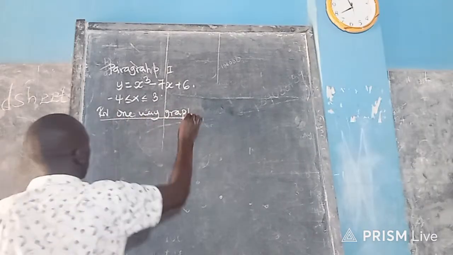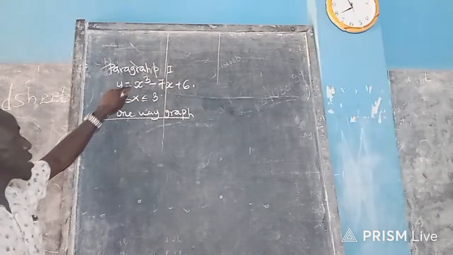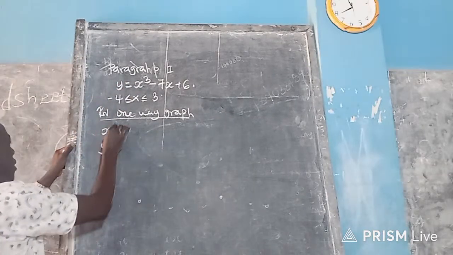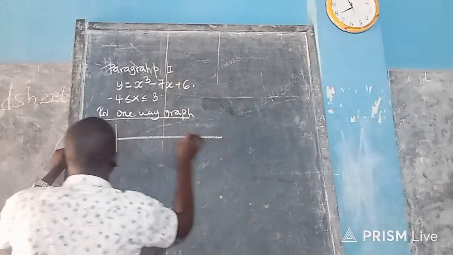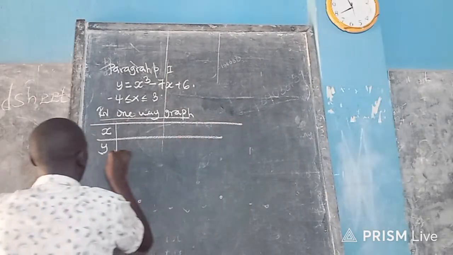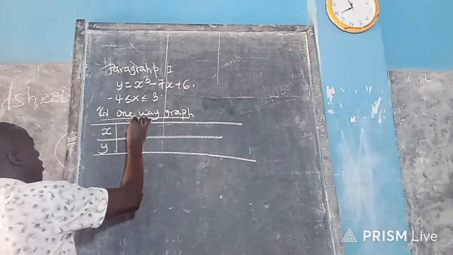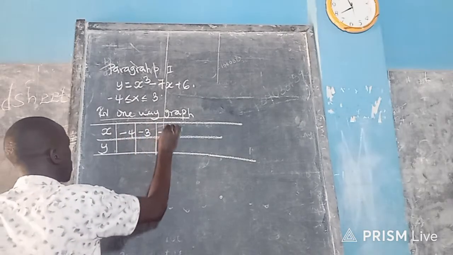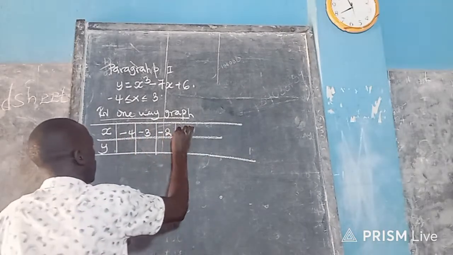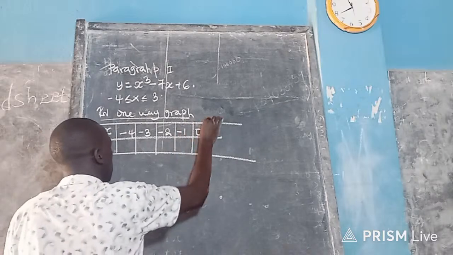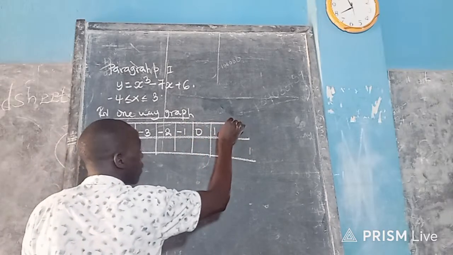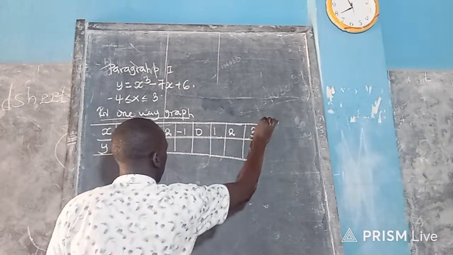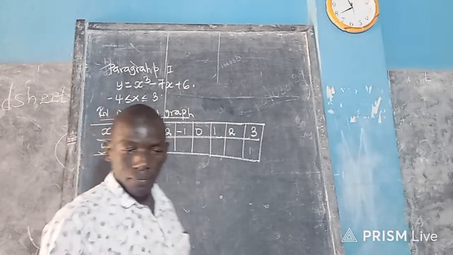For the graph, we have to use the given values of x to get the value of y, meaning that I will have to tabulate my expression. In my table, I'm going to start with the values of x: -4, -3, -2, -1, 0, 1, 2, and then they have said here the last value is 3.